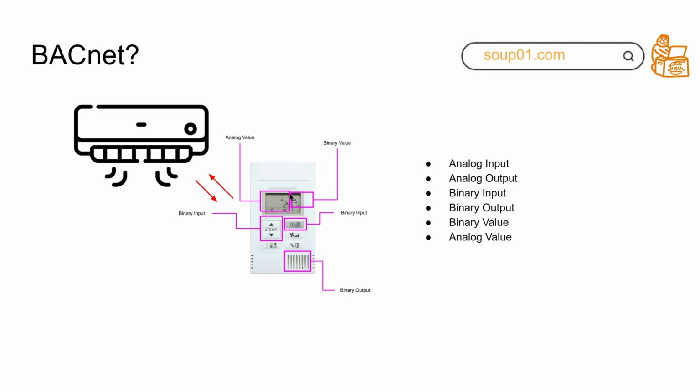Sorry, maybe I cannot cover all the objects inside this picture, but at least you have these objects. For example, for the temperature adjust button, you have a binary input object. For the present value, you have an analog value object.